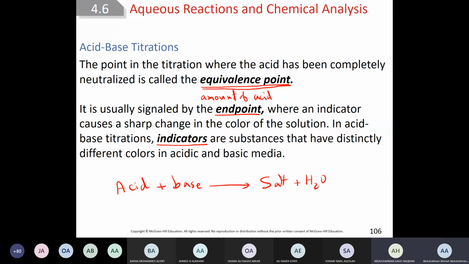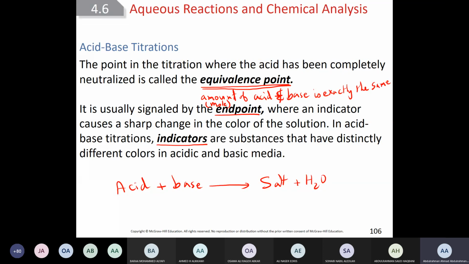The amount of acid and base is exactly the same. Not amount, but mole. When we say amount, I mean mole of acid and base, exactly the same.